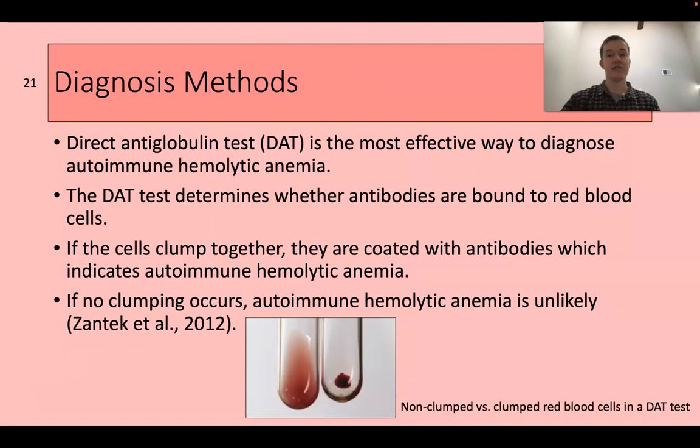So, for diagnosis methods, genetic onset of hemolytic anemia is caused by mutations in particular genes. And since so many different genes can contribute to the development of the disease, different types of mutations have been identified. In hereditary red blood cell membranopathies, nonsense and frameshift mutations are most common.